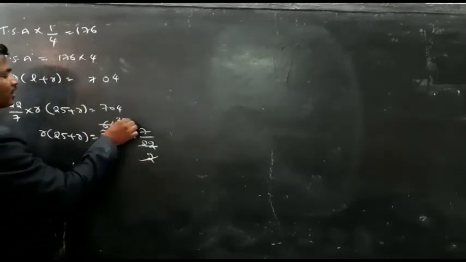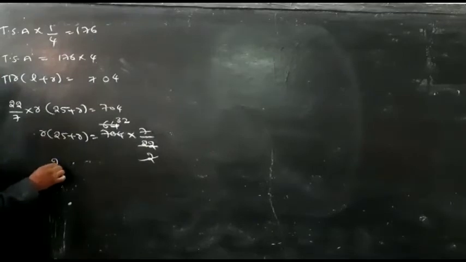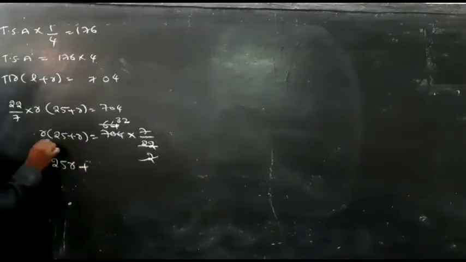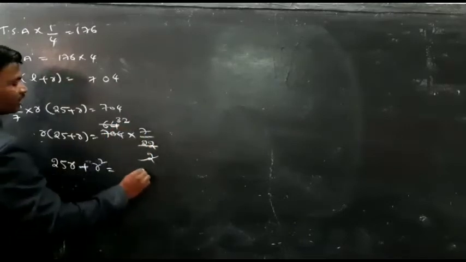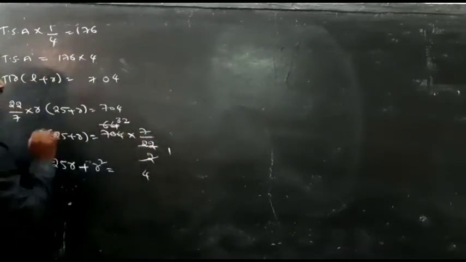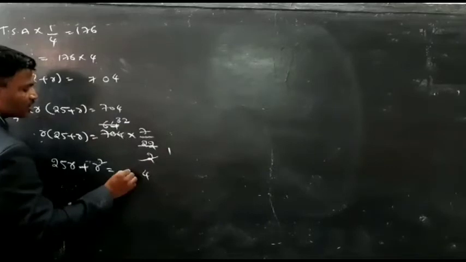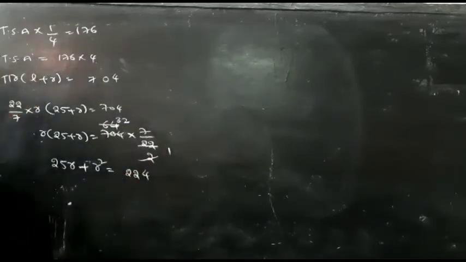So 25 into r, 25r plus r into r, r square, is equal to 7 twos are 14, 7 threes are 21, 21 plus 2 is 23, so it is 224.